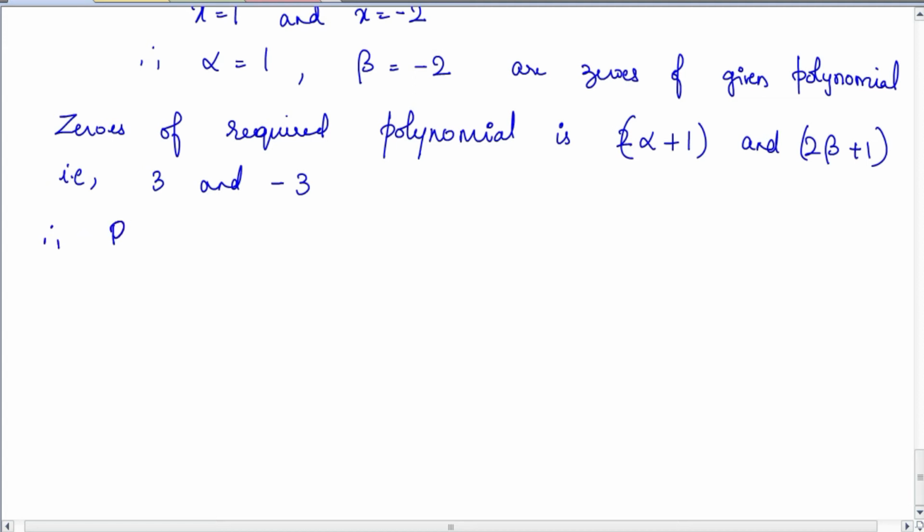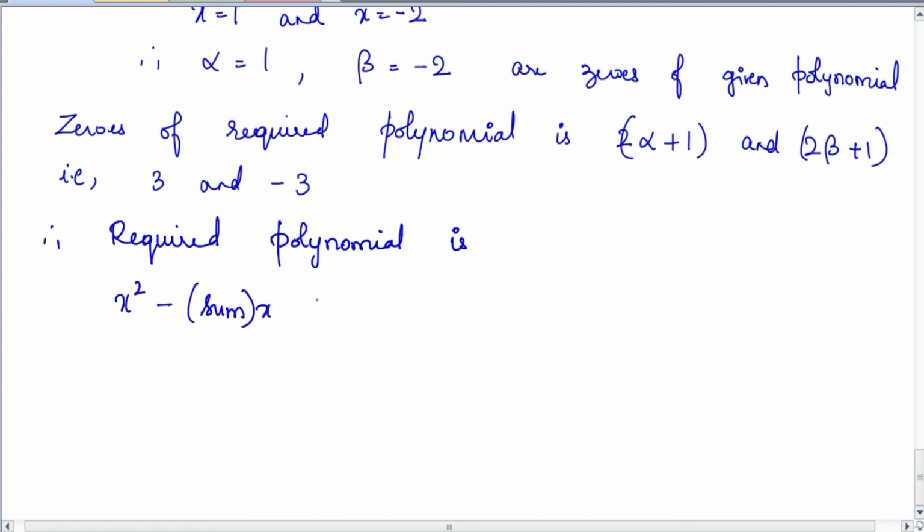Therefore, what is the required polynomial? The required polynomial is x square minus the sum of the zeros into x plus the product of the zeros.